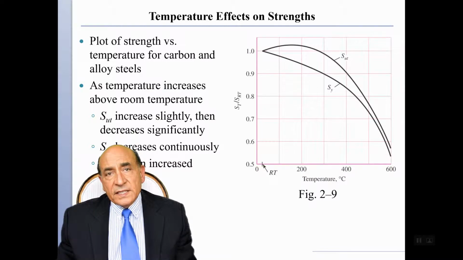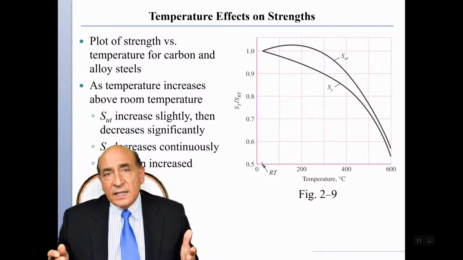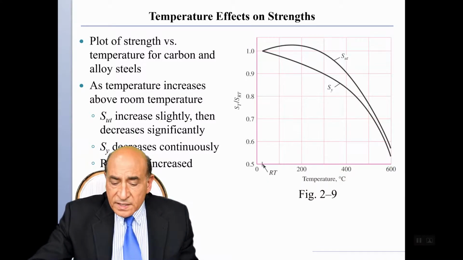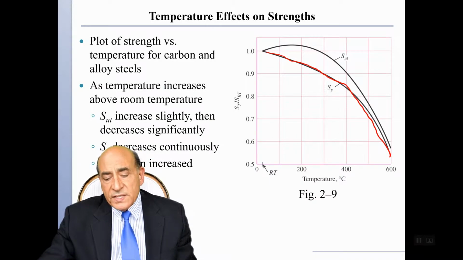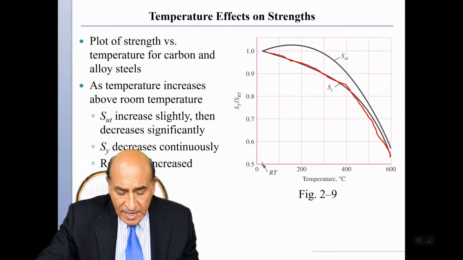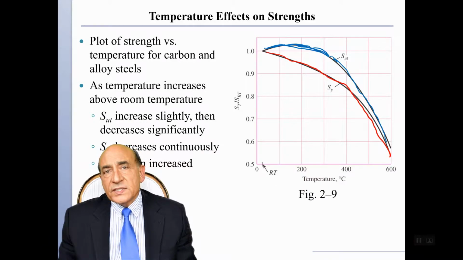The next effect of environmental variables is the effect of the temperature on the yield and on the ultimate strength. Both the yield and the ultimate decrease as the temperature increases. So if you look at, for example, the ultimate strength of the material, you see that it increases slightly, and then it starts to decrease as the temperature increases.